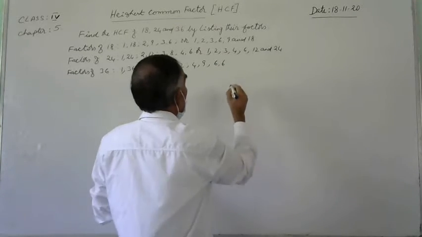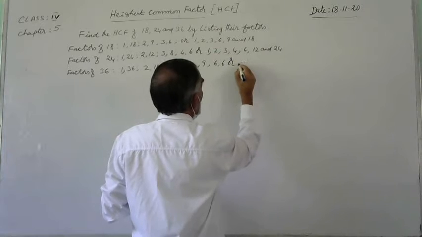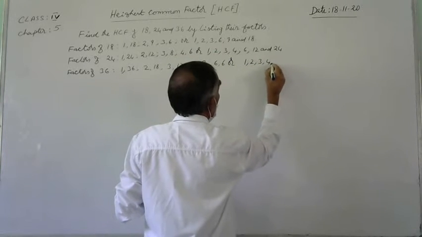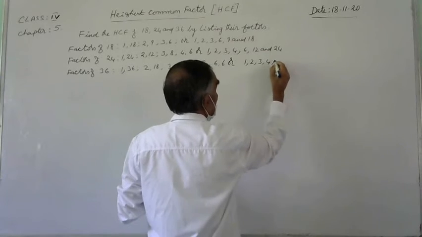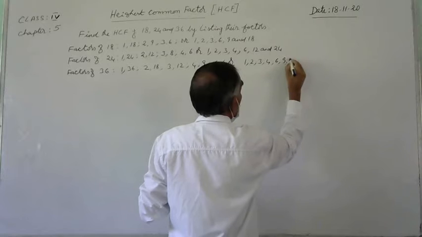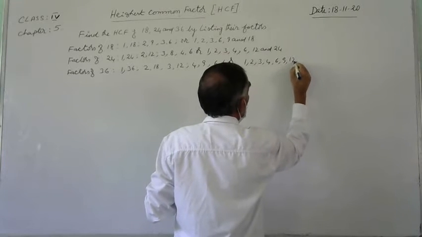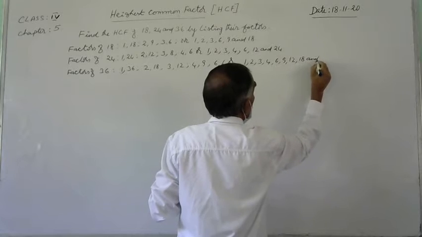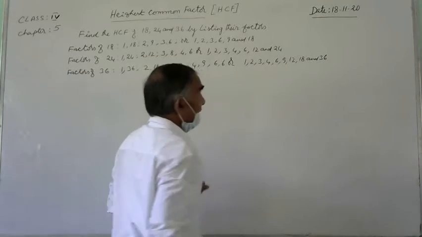Like this. If you write them in order: 1, 2, 3, 4, 6, 9, 12, 18 and 36. These are the factors.